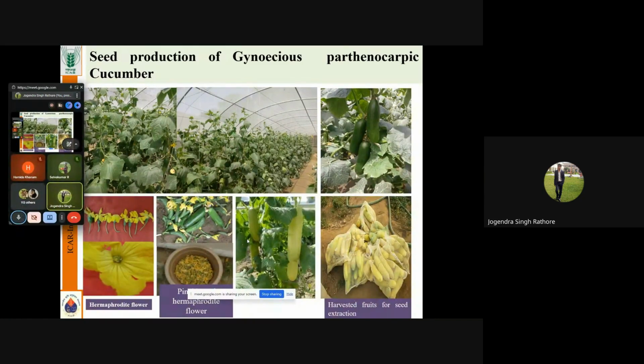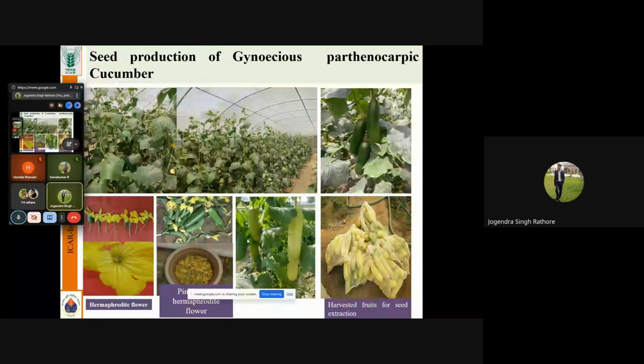So why do we have to go for later stage spray? This later stage spray will give you some upper hand to go for lodging on the vegetative phase. If you have sprayed at the 2 to 3 leaf stage, and then with the advancement of flowering this male flower will start, then obviously you are going to waste your silver thiosulfate, or there is also a chance of mixture.